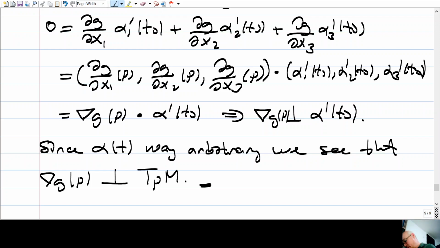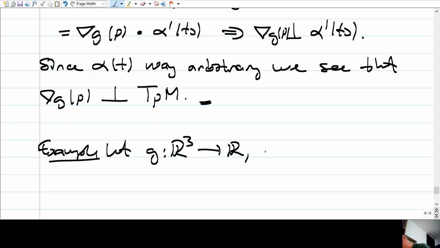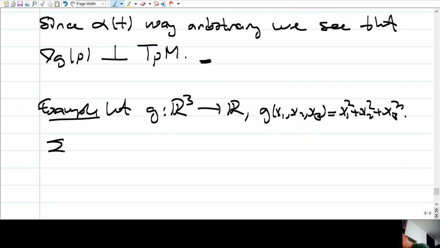Okay, a quick example. Let g be this function from R3 to R given by g of x1, x2, x3 is just the sum of squares. And let sigma be this set g equals c, where c is just some r squared.